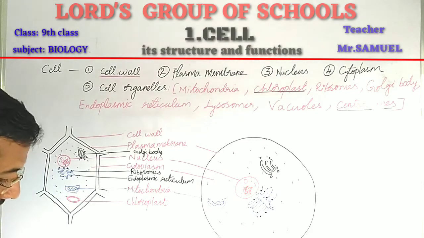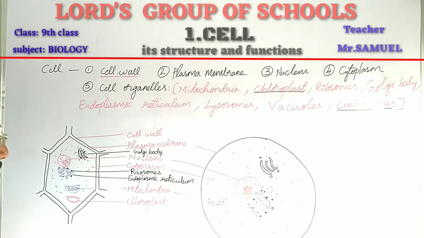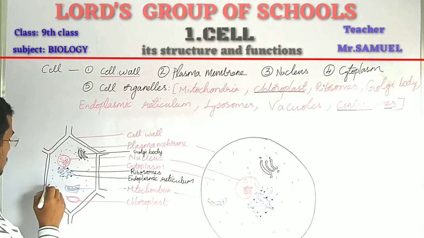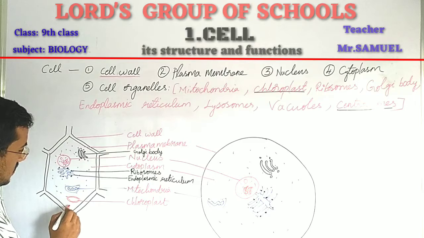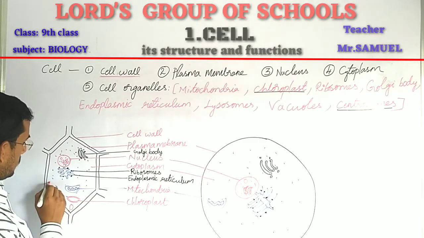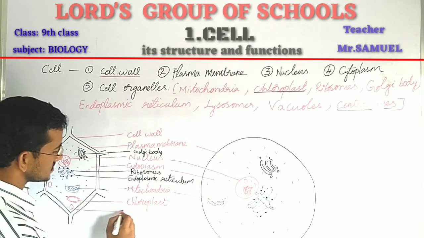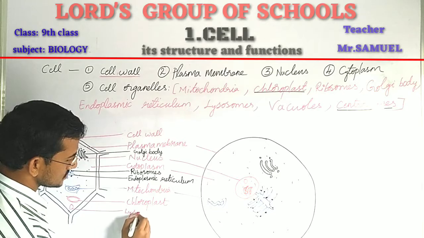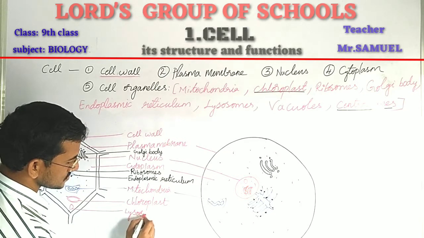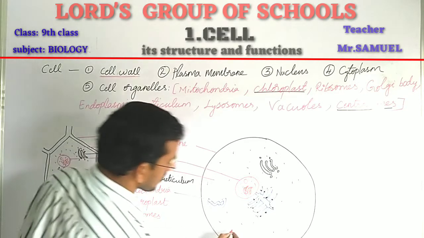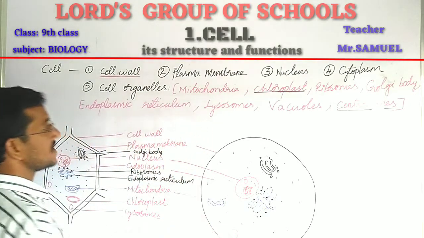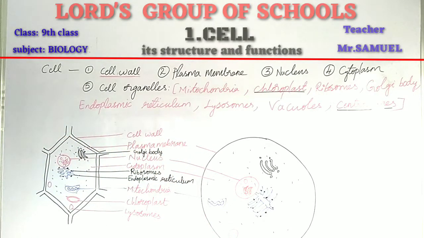Now there are round structures which are present in plant cell as well as animal cell, and they are nothing but lysosomes. So these are lysosomes. And vacuoles.